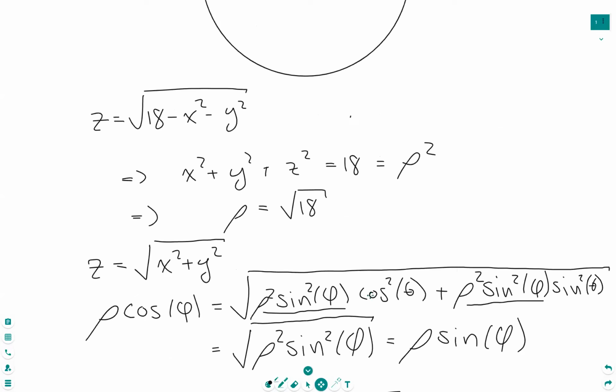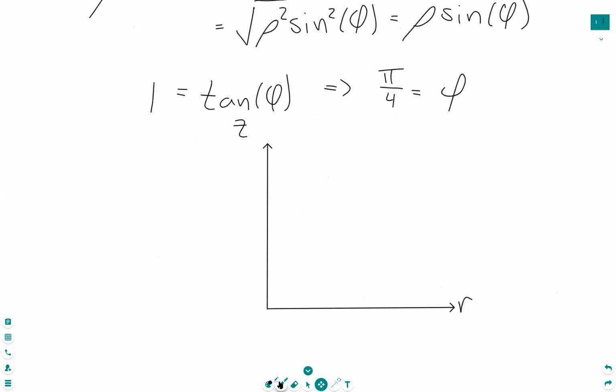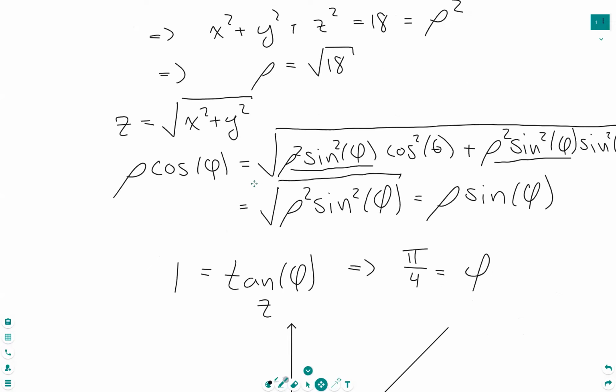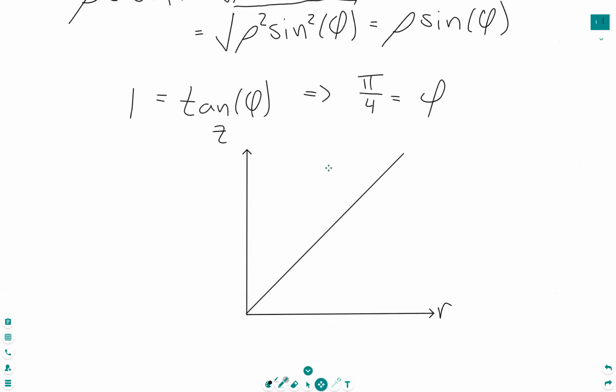What does this look like? Well, we know that phi is pi over 4. So we can just draw that in like this. And then we know that rho is the square root of 18. So it generates a sphere of radius square root of 18. So it does something like that.